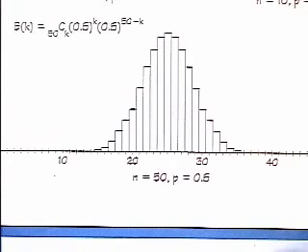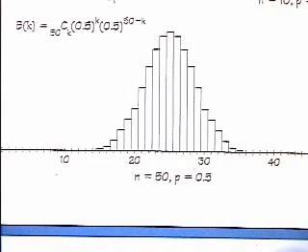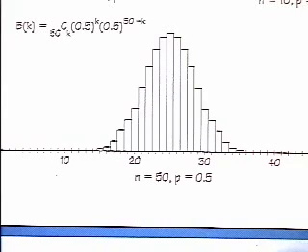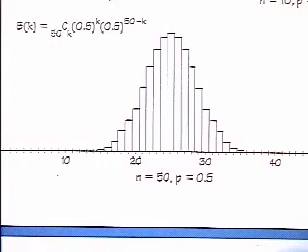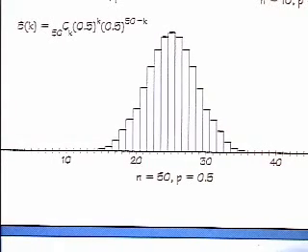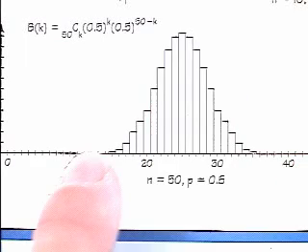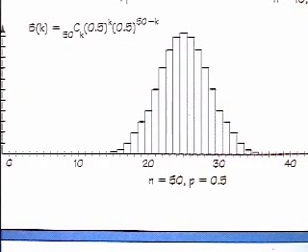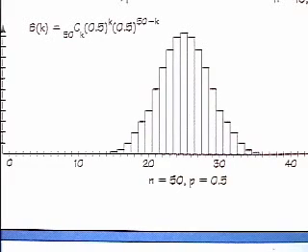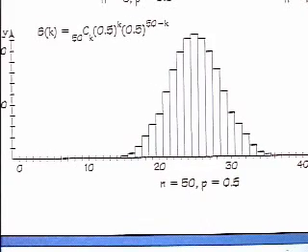The more trials you have, the closer and closer and closer it gets to what's called a normal curve. Now we will talk about that normal curve later, but keep this in mind. The binomial probability is looking a lot like a bell-shaped normal curve. Okay, and that's all for sections 8, 9, and 10.1.